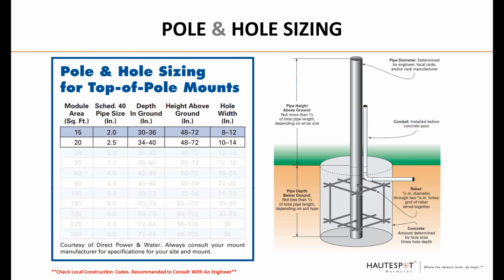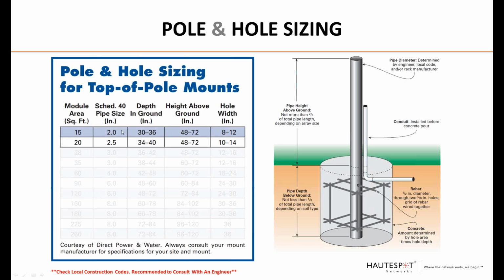So for pole and hole sizing, most likely you'll want to consult your local building codes and a local engineer. Here's some general guidelines given the module square foot. This would be the size of the solar panels. Our solar panels aren't getting more than 20 square feet, so the rest of this information is not applicable.